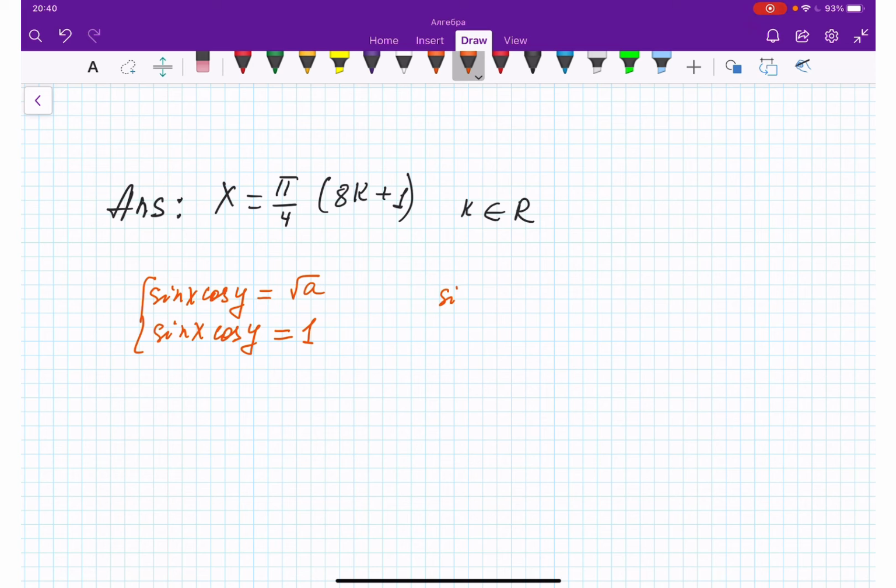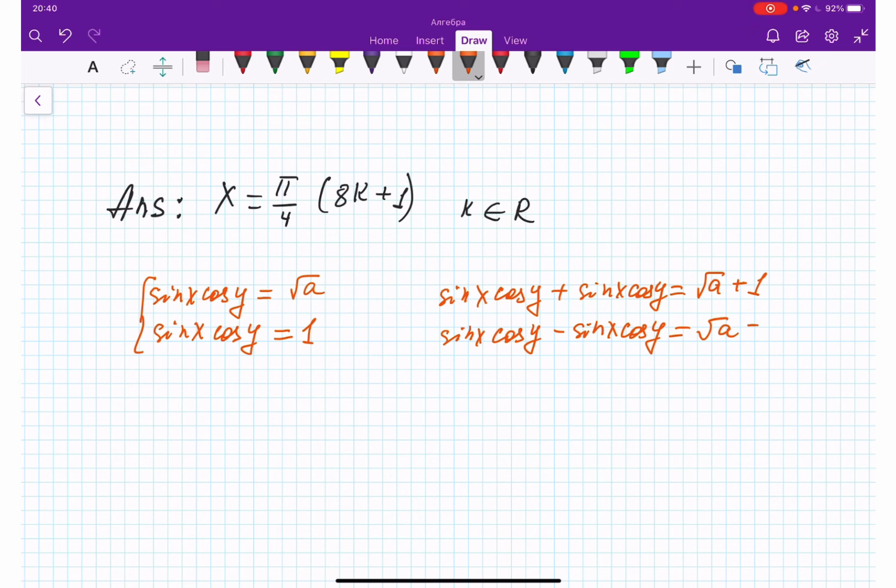So first we are adding: cosine x sine y plus sine x cosine y is equal square root of a plus 1. And second one, sine x cosine y minus cosine x sine y is equal square root a minus 1.